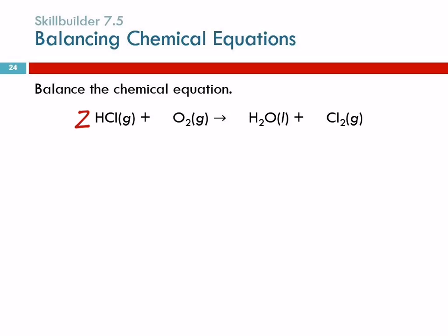Well, now I have to do chlorine or oxygen. Here's chlorine. How many chlorines do I have over here now? 1, 2. 2, because I have 2 of these units. So I've got 2 chlorines, and over here I've got 2 chlorines. Awesome. Now I'm going to deal with the oxygen. Here I have 2 oxygens, and here I have 1 oxygen.